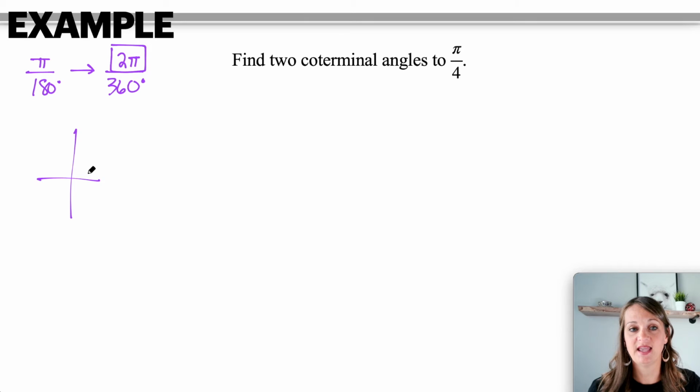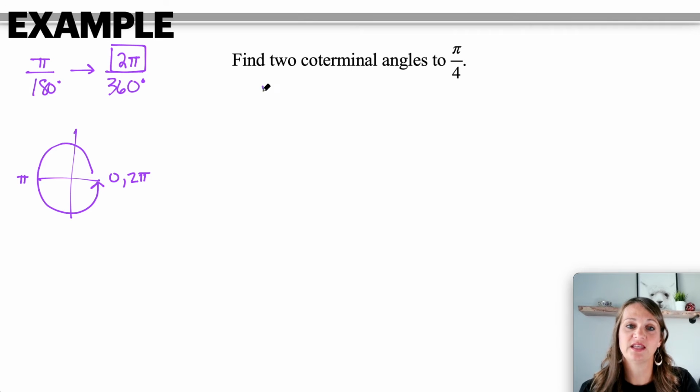So in the case of going all the way around from the initial side starting at 0, we know pi is 180 degrees around, so if you go around again, you actually go 2 pi.